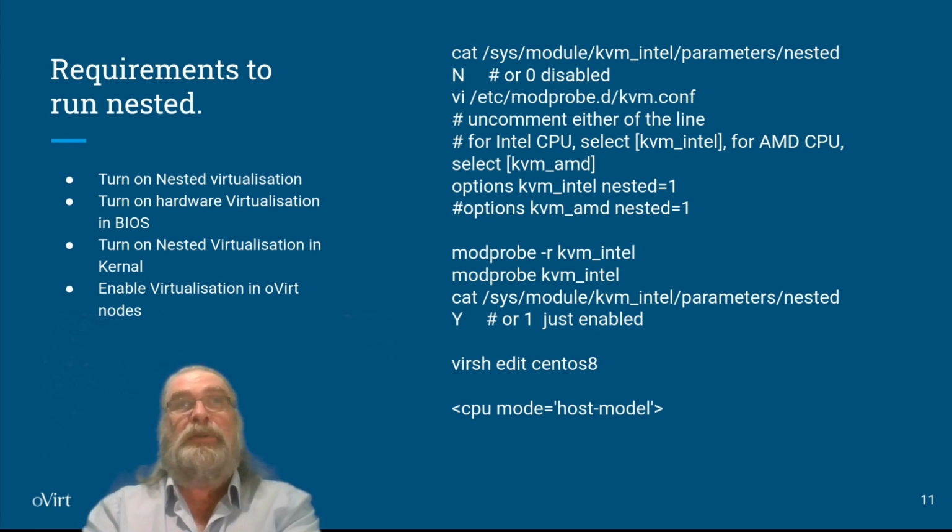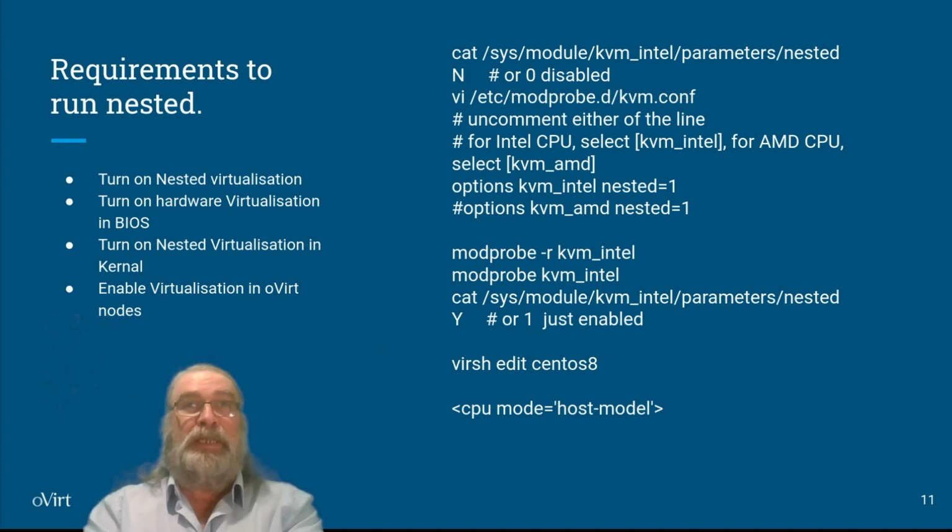So then we need to edit the KVM configuration file in the modules system. So it should have commented out the options for nested. Depending on whether you've got an Intel based or AMD based CPU, you'd uncomment the relevant line in the configuration file.